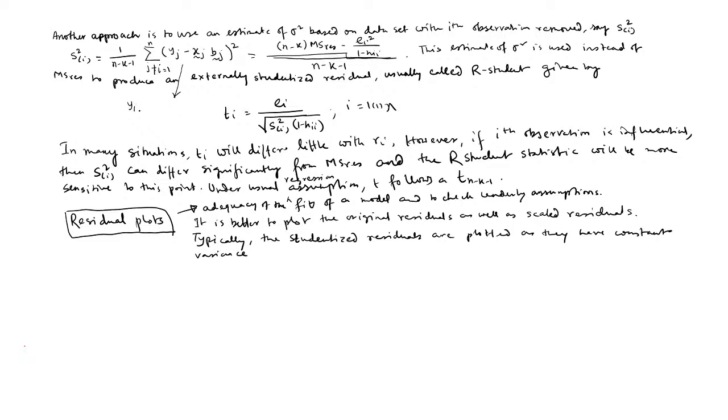You use y1 to yn excluding yi. Just use this, and similarly here also the same thing, and compute this portion. Okay, Shubhrojit, thank you.